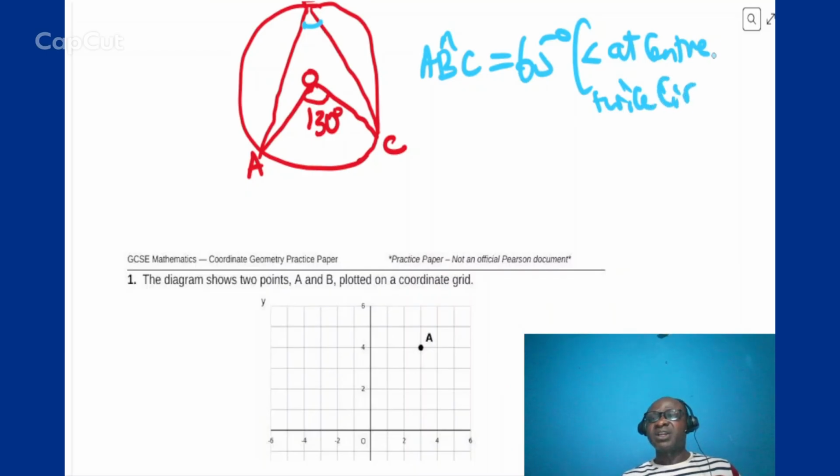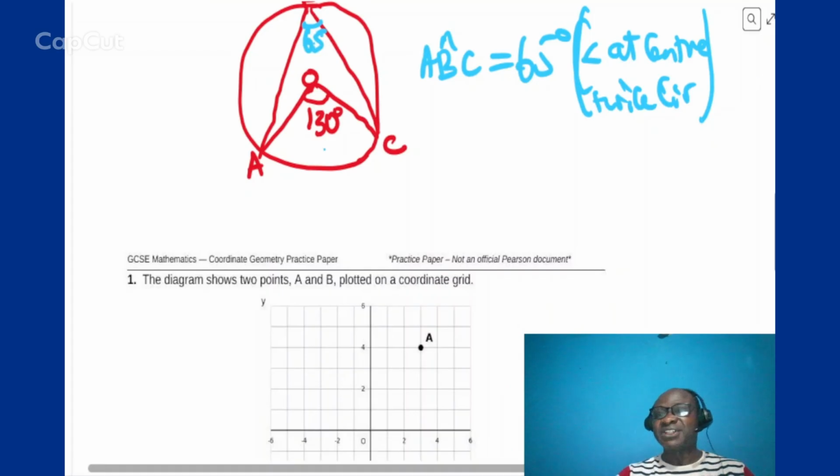You understand? The circumference is this circle round. The center is where the letter O is given to you. So the one at the center is twice the one on the circumference. If the angle here is multiplied by 2, you get the center. So that is the name of that theorem and reason that can be presented in the exam.